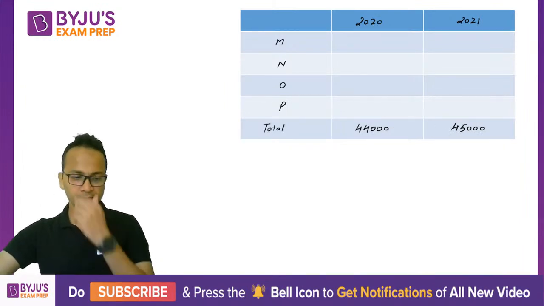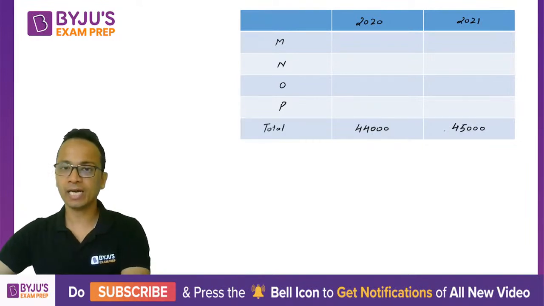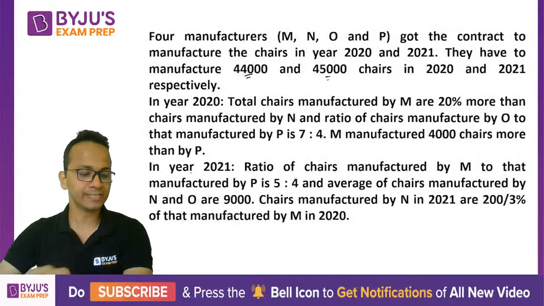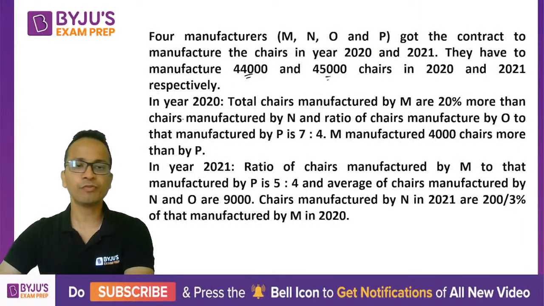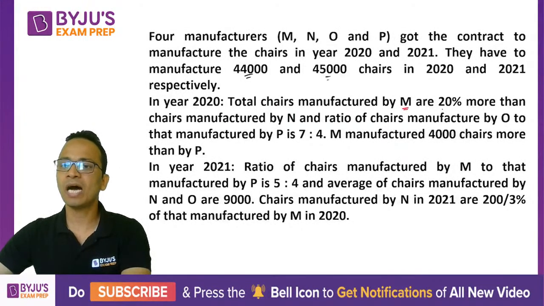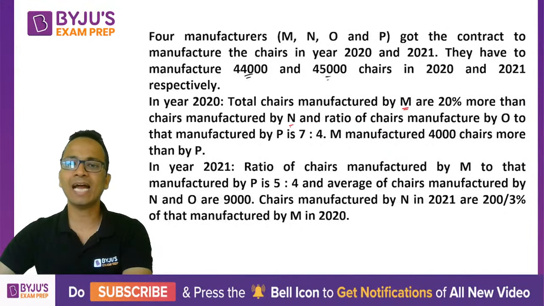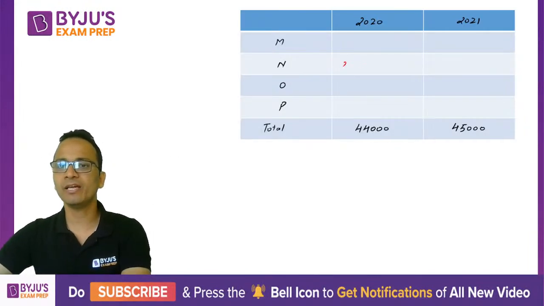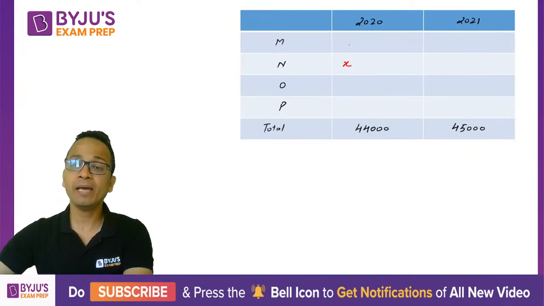Okay, fine. Now let's go back to the data and read the information given for each of these years separately. So first of all, for the year 2020. It says that total chairs manufactured by M are 20% more than that by N. So if I assume the value of N as x, M is 20% more than that.